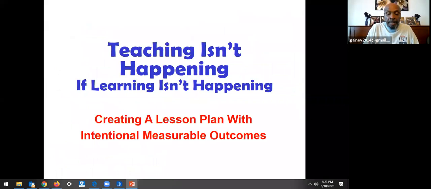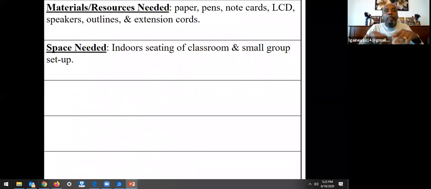All right, let me just go back here a minute. So, materials needed. This should be a part of your lesson plan because you are going to need certain materials. You don't necessarily see it right here, but I need to have a computer, an internet connection, and Zoom. What kind of space do I need?